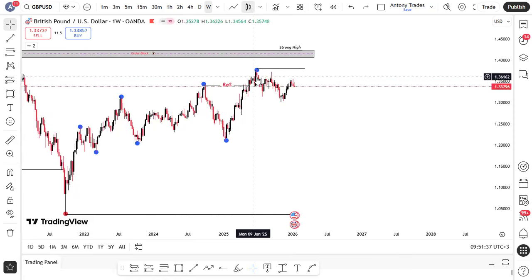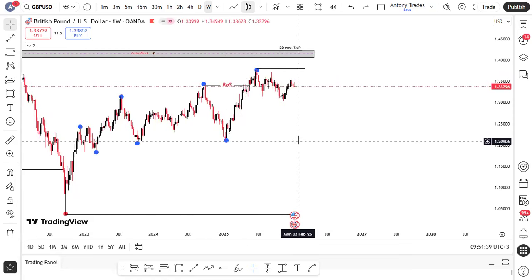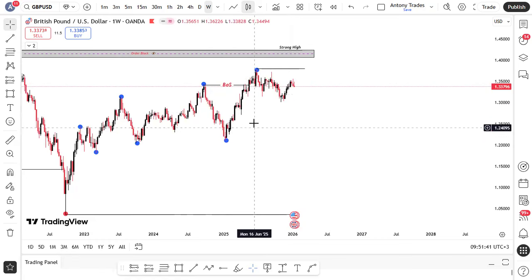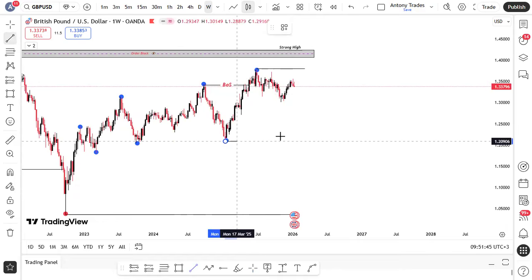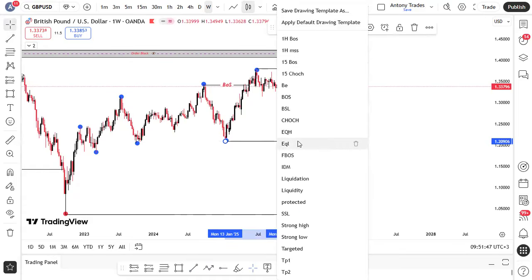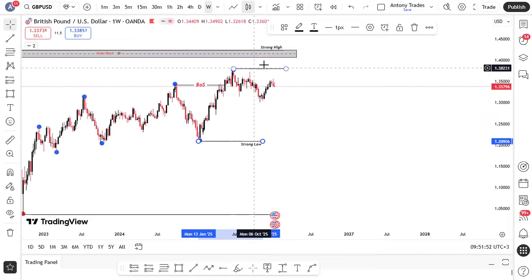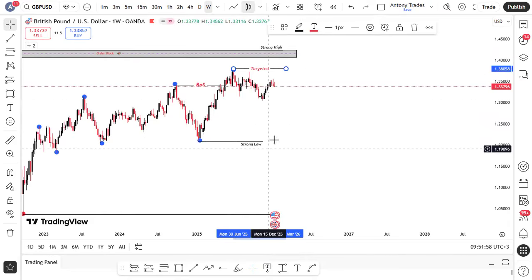Unless the market pushes to the downside and breaks this low, we are still bullish. So the internal structure is still bullish. That means this is my strong low, and this is my weak high. This one should be my targeted high.